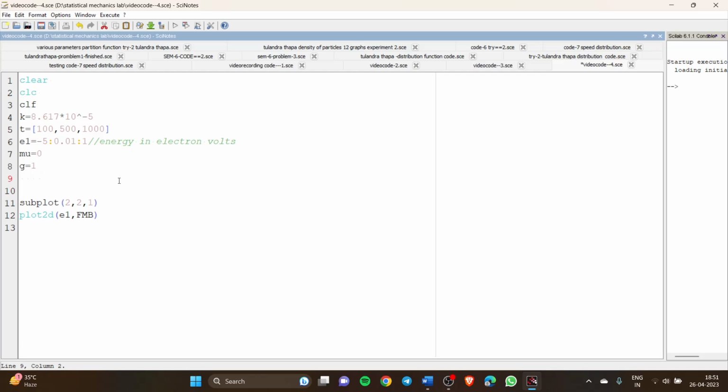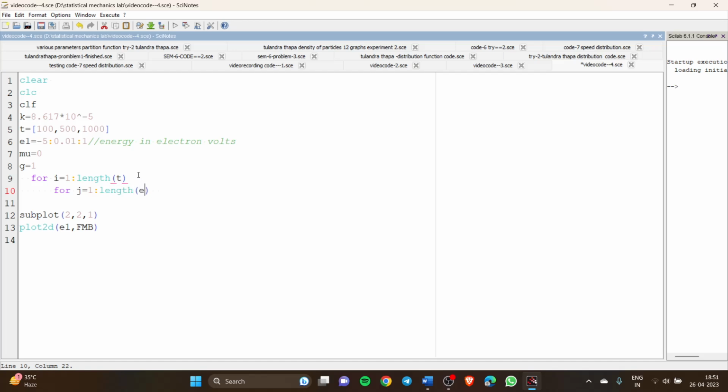So now we will form two loops: for i equal to 1 to length of T, and in the next loop for j equal to 1 to length of E1, that is the energy.